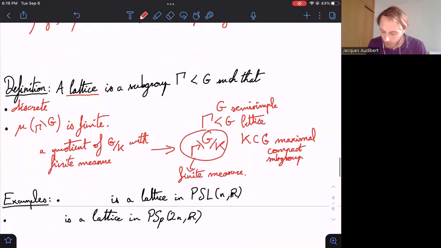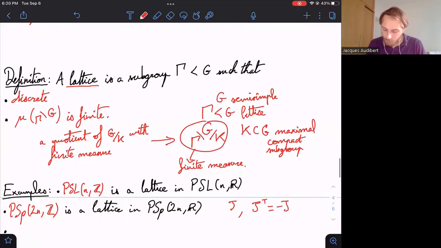Okay, so for example, if you want to construct a lattice in PSL_n(R), you can look at PSL_n(Z), matrices with Z coefficients and determinant 1. You can do the same for the symplectic group. Here I put P in front, but we don't really care. Symplectic groups are those that preserve a form J that is anti-symmetric.